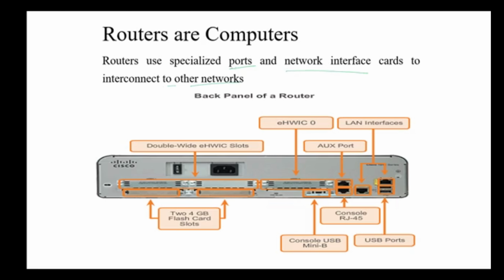Rather, it has specialized ports and network interface cards, like some you can see right here, like the HWIC slots, the auxiliary port mentioned here, the console port for configuration purposes, the USB port, the LAN interface port, etc. And here we have some flash card slots where we can install a flash card if needed or required.